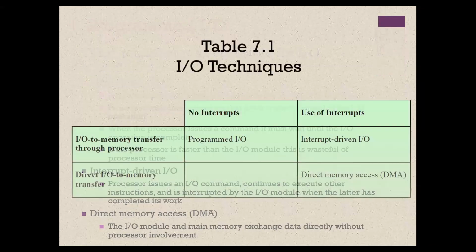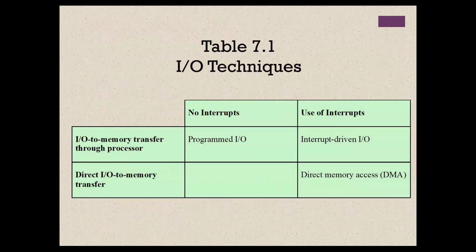So this table depicts the relationship amongst these three techniques. It makes a comparison using these two parameters: the I/O to memory transfer through the processor, where there's no interrupt, it's programmed I/O, and where there's an interrupt, we call it interrupt-driven I/O.